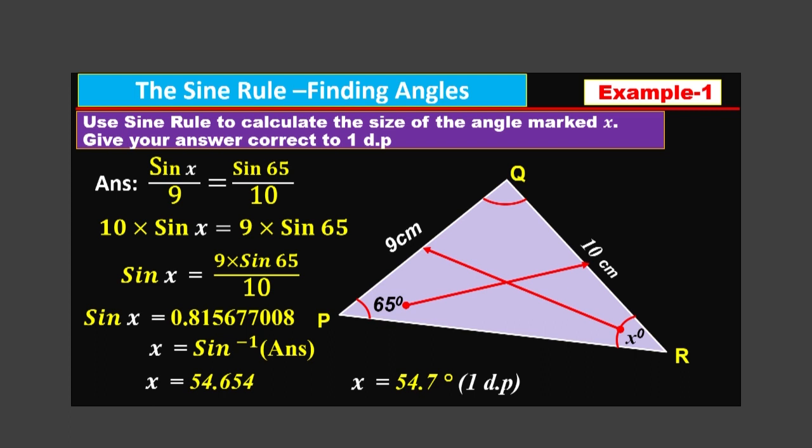Remember, do not write the entire display, but as the question suggests, you can round off your final answer to 1 dp and hence your final answer would turn out to be x is equal to 54.7 degree correct to 1 dp. So I'll just give you some time to go through this example.